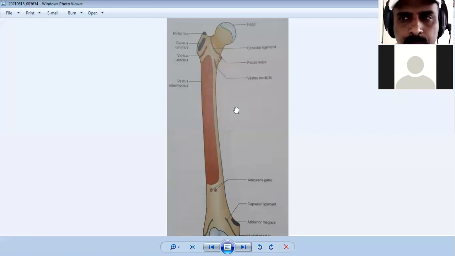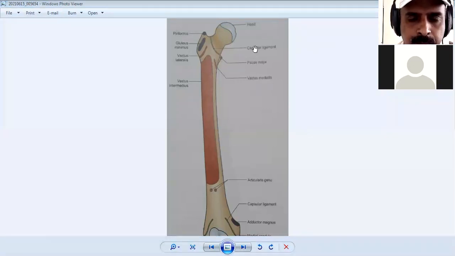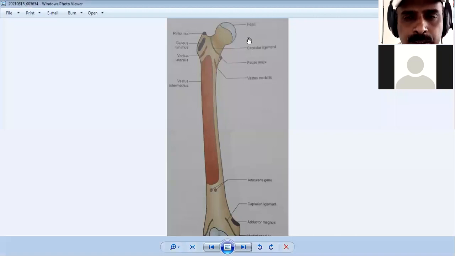That you have to remember, so we have to explain the upper end, lower end and shaft in the general features or external features of the femur.